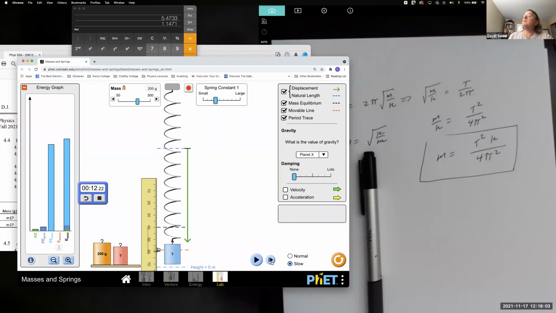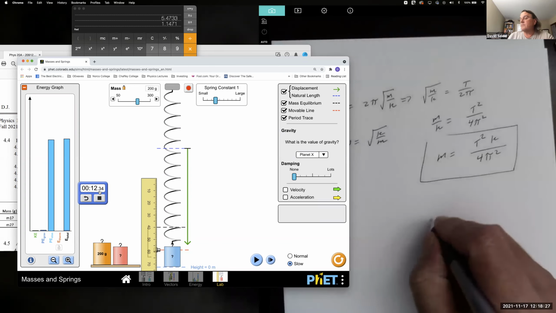Almost 10. Use this guy to move it in 0.01 second increments, which is really cheating. You wouldn't be lucky enough to have that. There's 10. It's already coming up by now. So about 12.32.